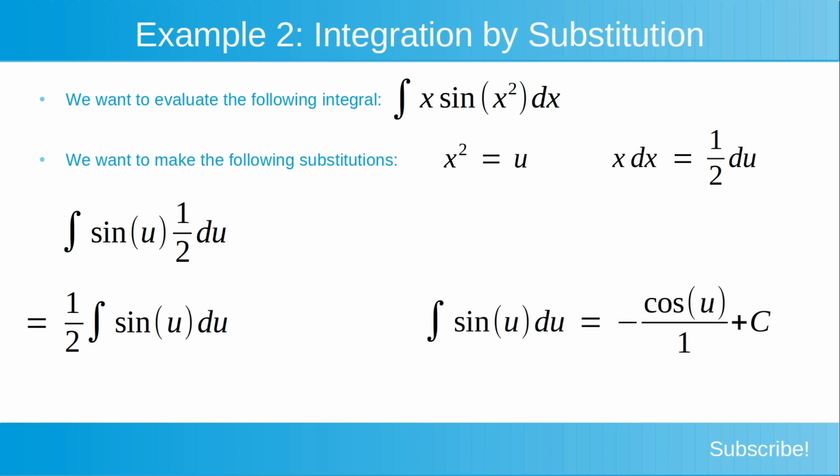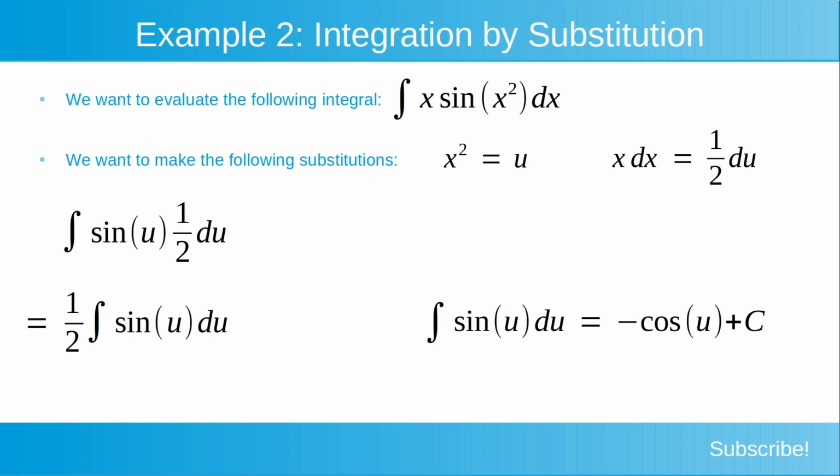And cos u divided by 1 is equal to cos u. So when we make that change, we get that the indefinite integral of sine u du is equal to minus cos u plus c.